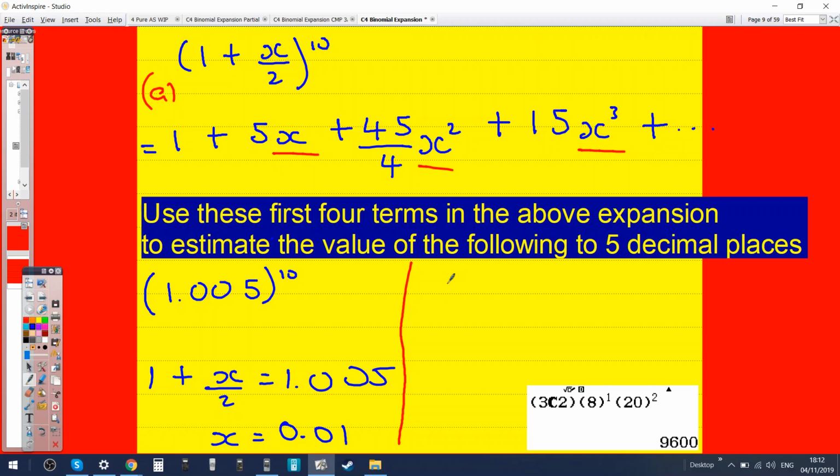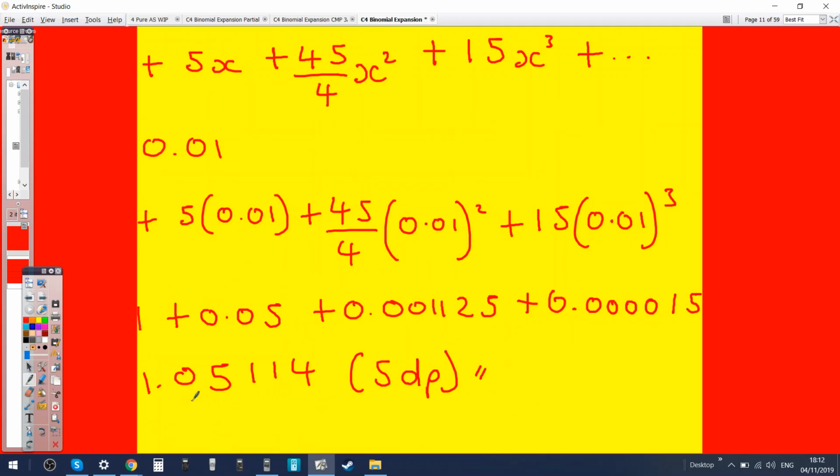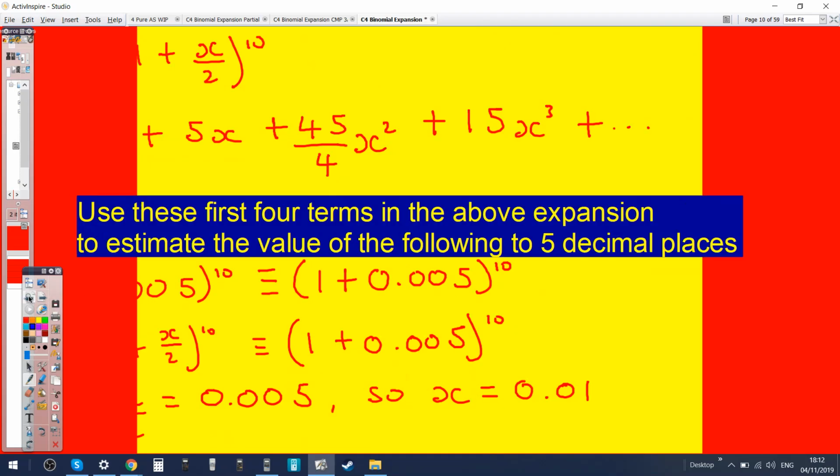1.1625. They want 5 decimal places? 1.16251. That's it. And 1.05114.